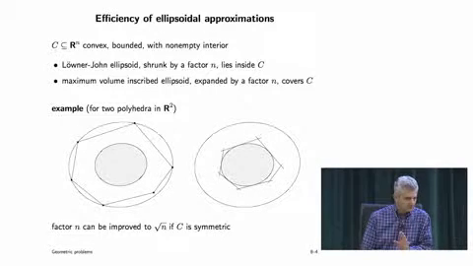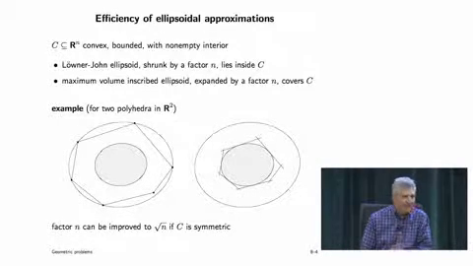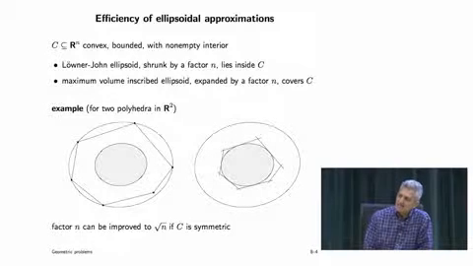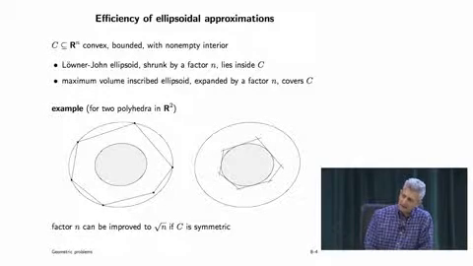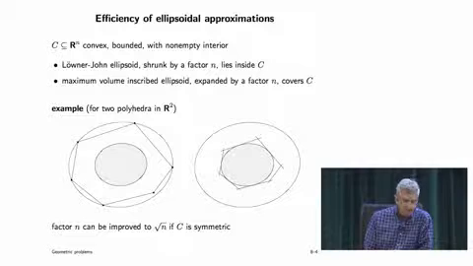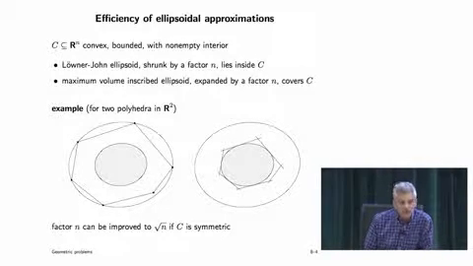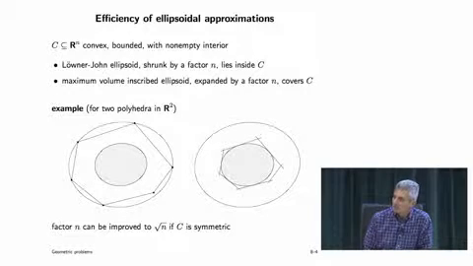Everybody got that? And so actually what that says is that any convex set in R^n can be approximated within a factor of square root n by an ellipsoid.